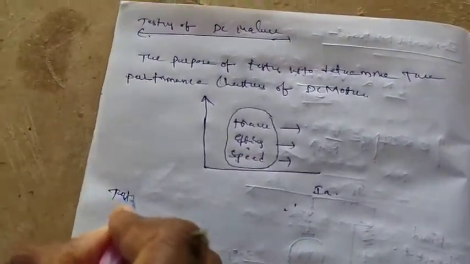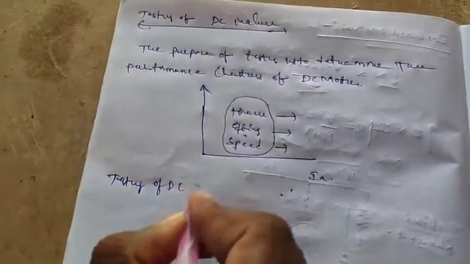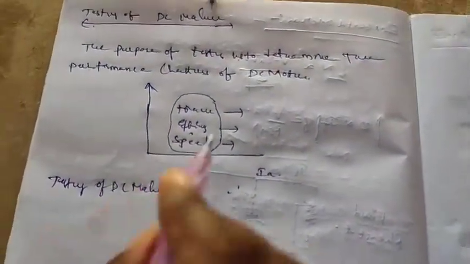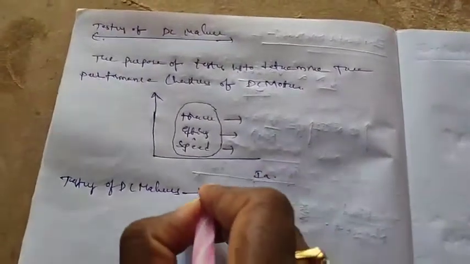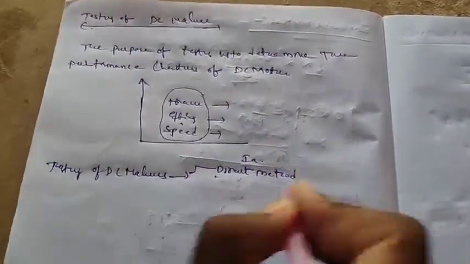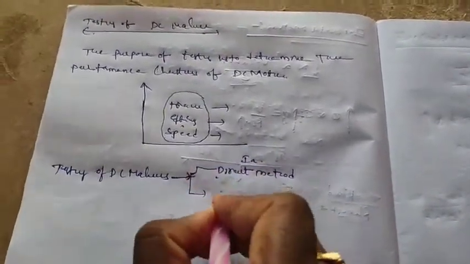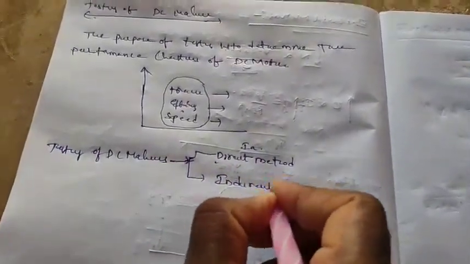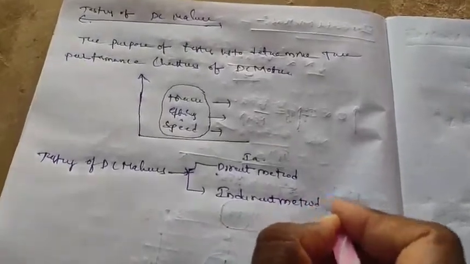In testing of the DC machine, we have two methods: the direct method and the indirect method.